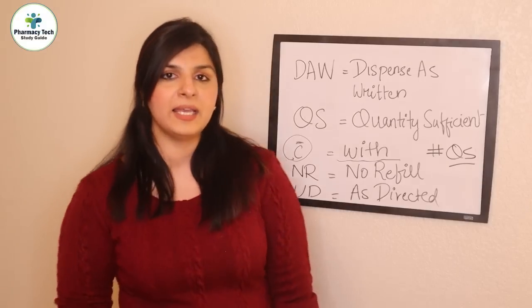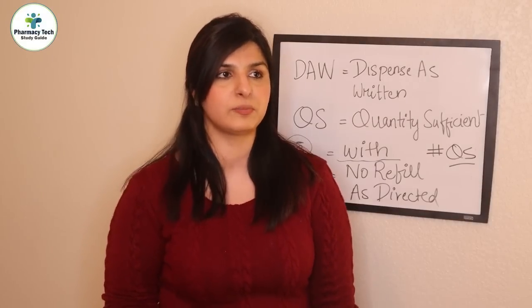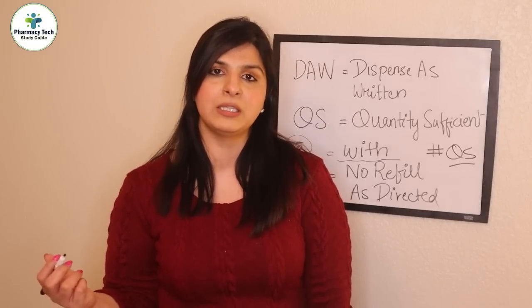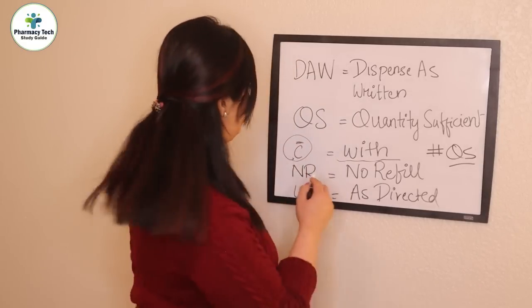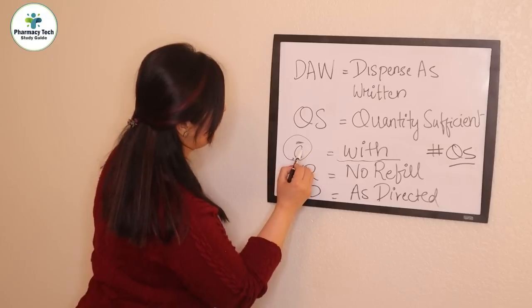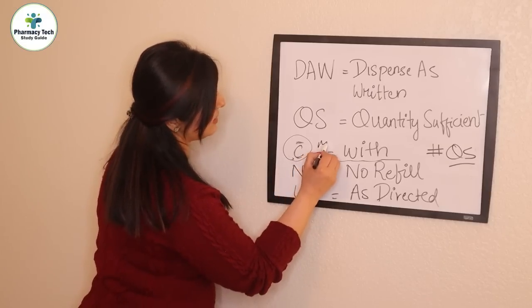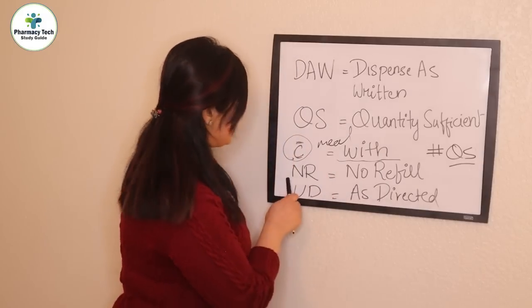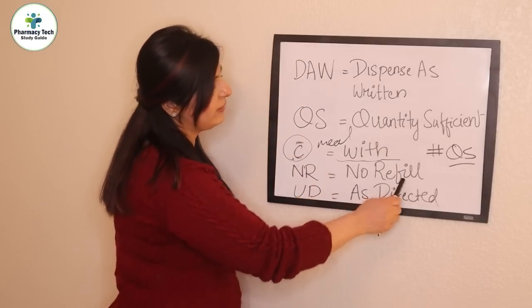So anytime you see a prescription, something like take 1 tablet by mouth every day with this, with C, and then next it says meal or something like that, that means take it with meal. NR means no refill.